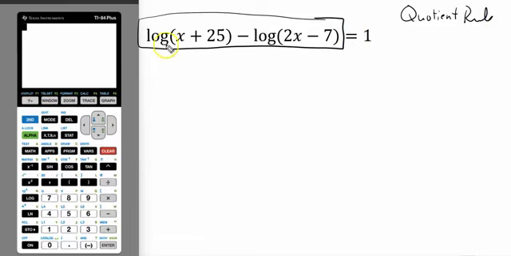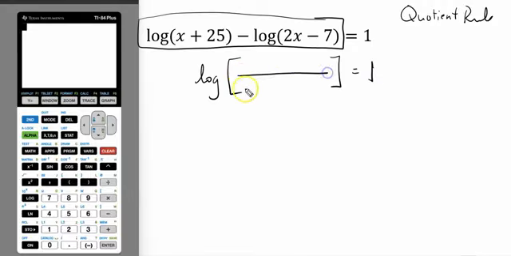What the quotient rule says is if you have a difference of logarithms, and they have the same base, in this case the base is 10, you can rewrite that into a single logarithm, and the argument of my single logarithm is going to be a quotient.